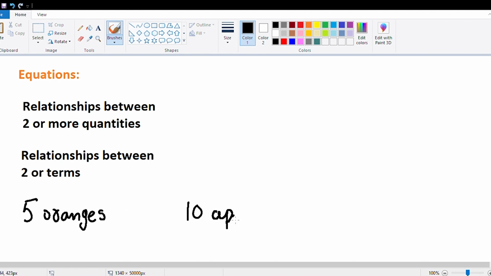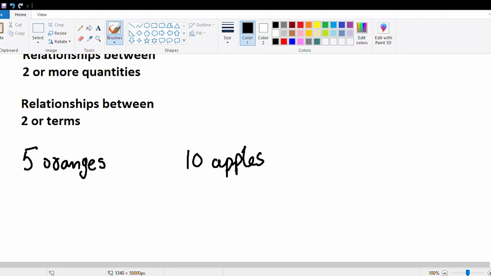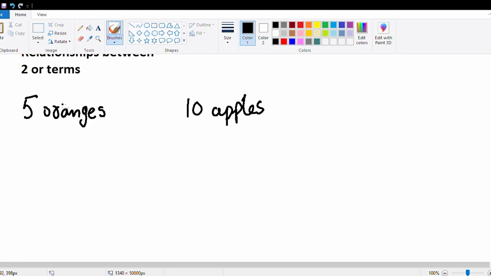This is just a simple example in which I'm trying to get you to understand what I'm trying to tell you. It's not even that complex or hard to recognize an equation. As you can see, over here, 5 oranges and 10 apples, and let's say the weight of these 5 oranges is equal to the weight of these 10 apples, then this is an equation.